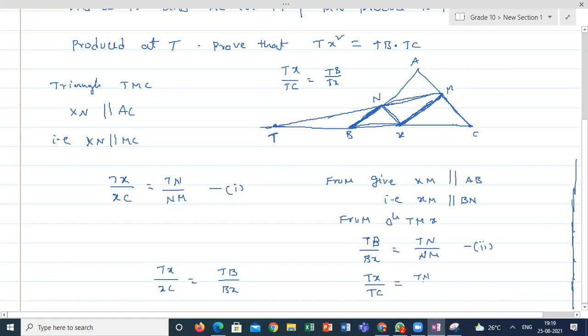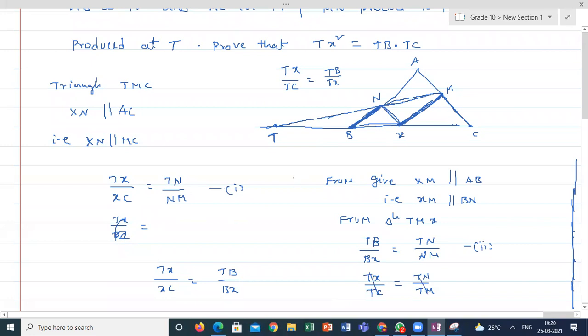Tx by Tc will be equal to Tn by Tm. No, I am talking about the TNMX triangle.